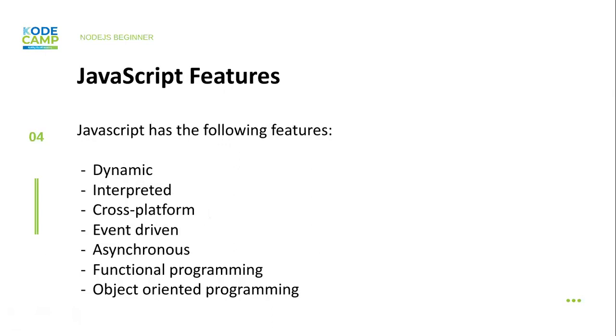You can run JavaScript on virtually any platform. You can download an app that can run JavaScript on your phone. You can run JavaScript on your Windows laptop, on your Linux laptop, on your MacBook. It's not limited to a particular platform.